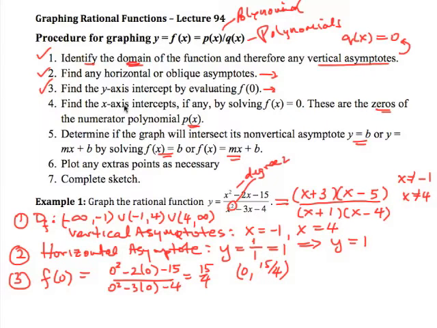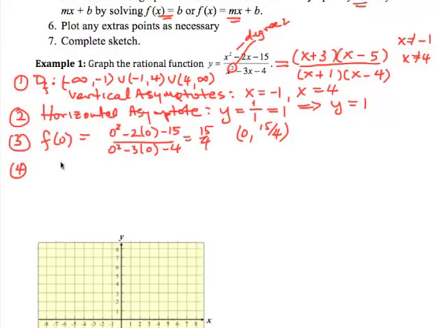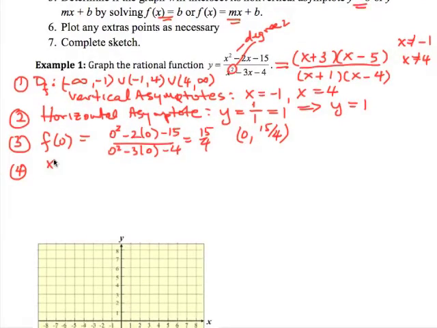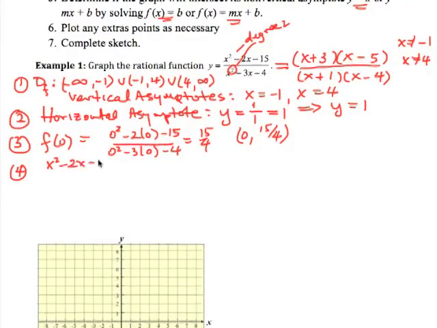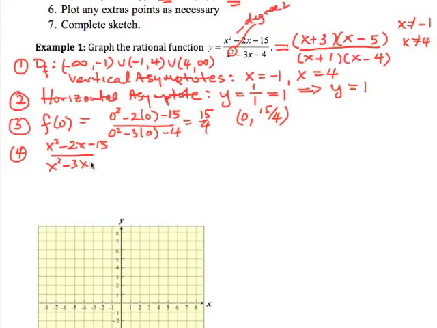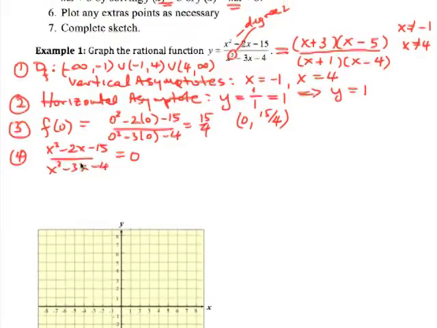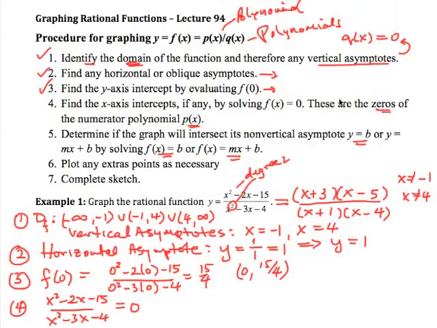Next we want to find any x-axis intercepts by solving f of x is equal to 0. So this would be solving (x squared minus 2x minus 15) over (x squared minus 3x minus 4). And of course we can multiply through by the denominator. So as it mentions here, this is really just finding the zeros of the numerator polynomial p of x.